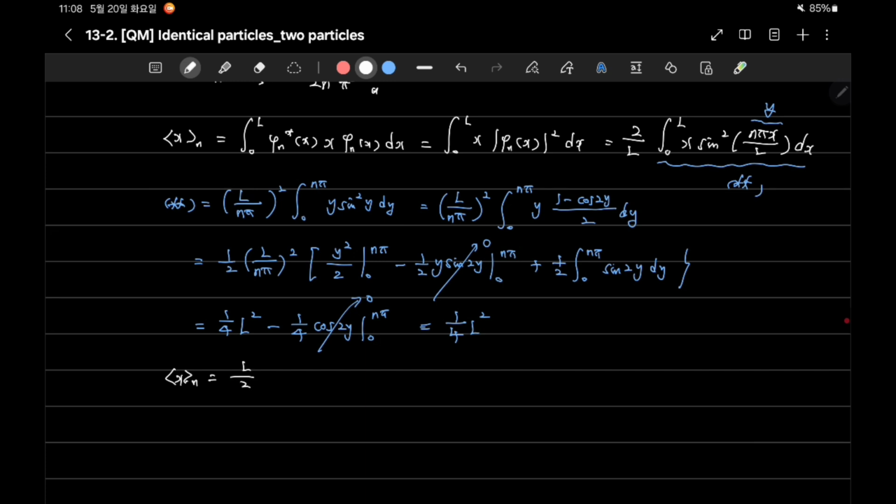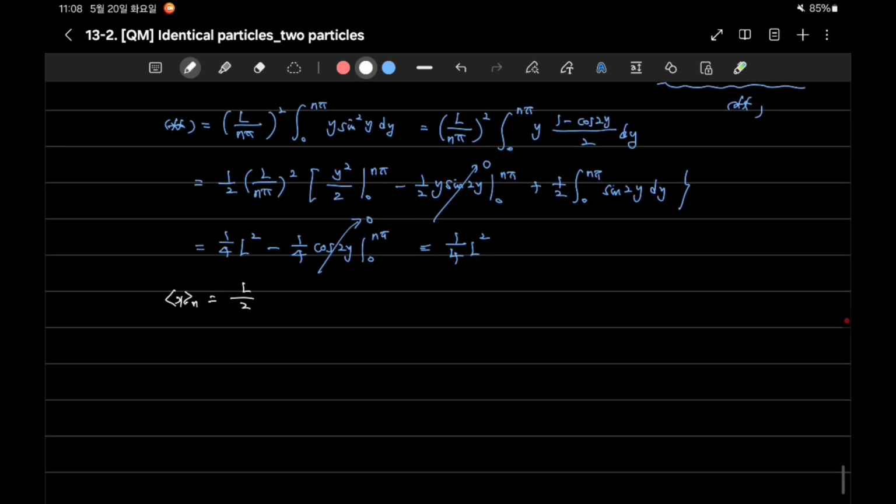So we have now calculated x squared for n. Let's think at first about distinguishable particles.